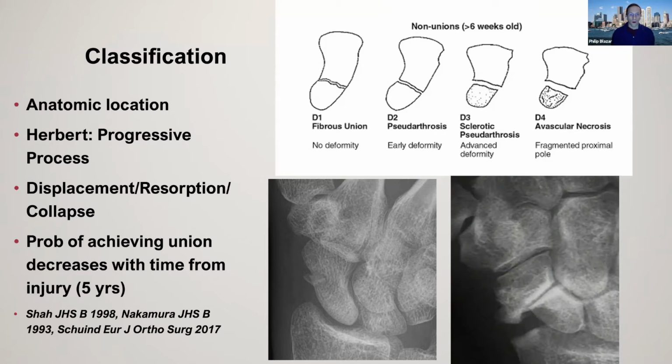But over time, one typically progresses, we believe, from D1 here, which is a fibrous situation with no deformity, to more of a pseudoarthrosis where there is subtle deformity, and then D3 where there is an advanced deformity and sclerotic pseudoarthrosis.